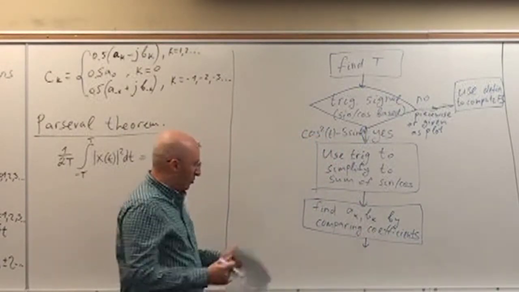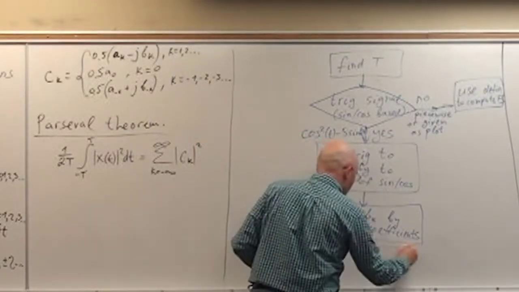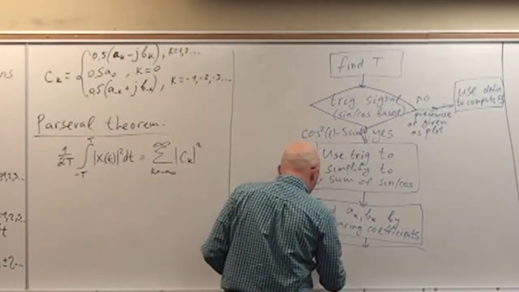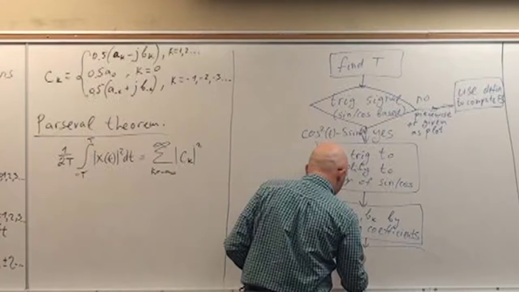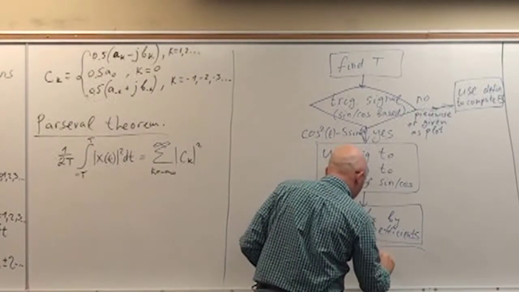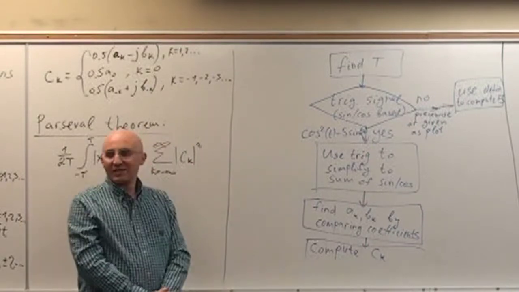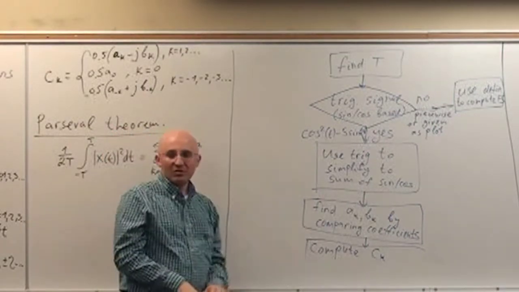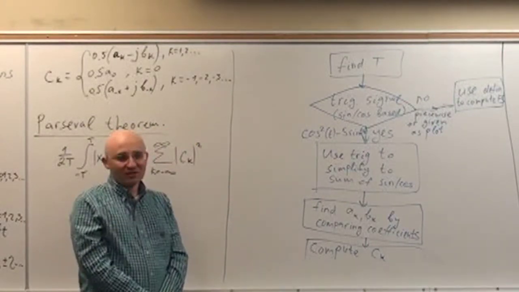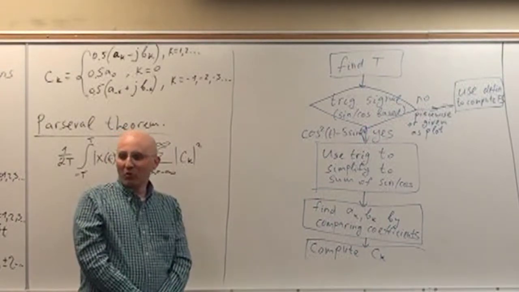And then you can compute c_k if you need to. You're asked to compute trigonometric and complex, and this is generally how it happens. You get both of them.